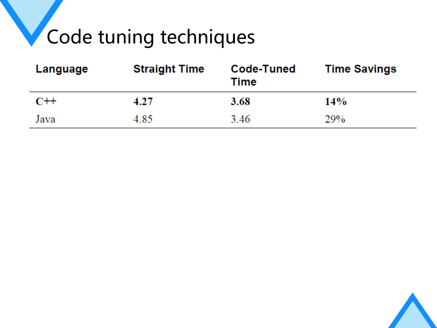If we only implement this single technique, stop execution if you know the answer, then using C++ we will receive 14% time saving. In Java we will receive almost double that of C++, 29% time saving.